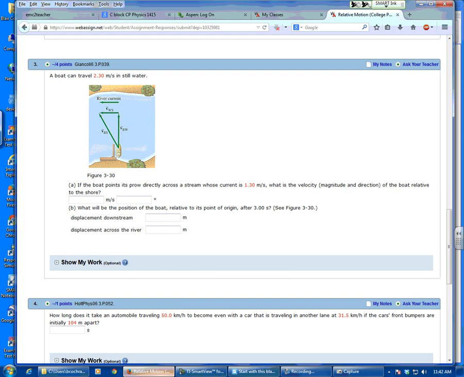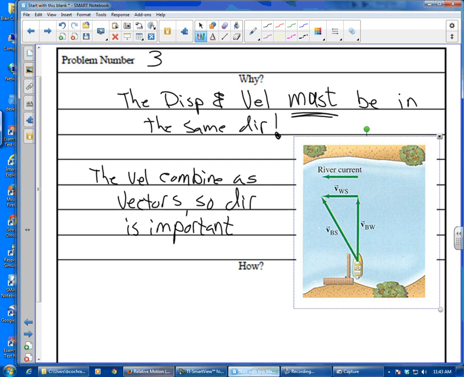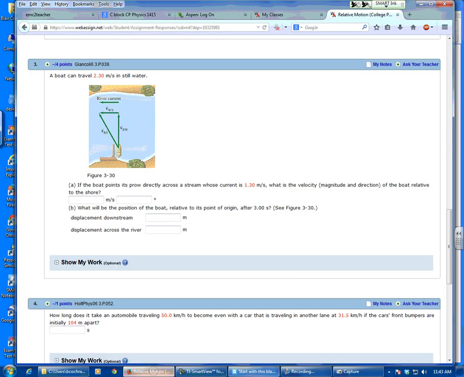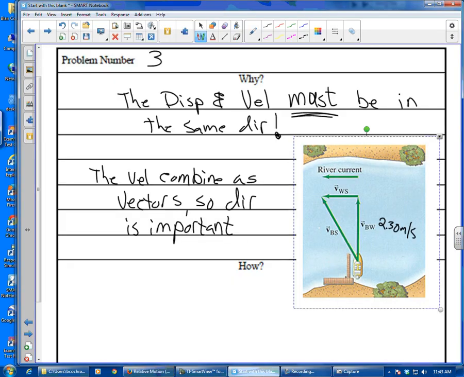They tell us the boat with respect to the water is 2.3 meters per second. And they tell me the water with respect to the shore is 1.3 meters per second.